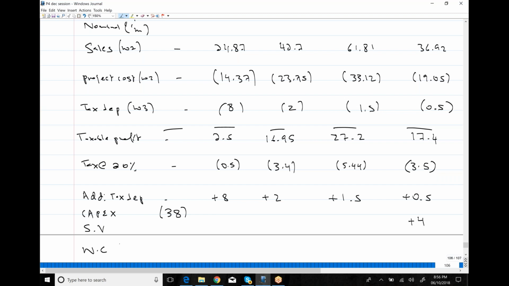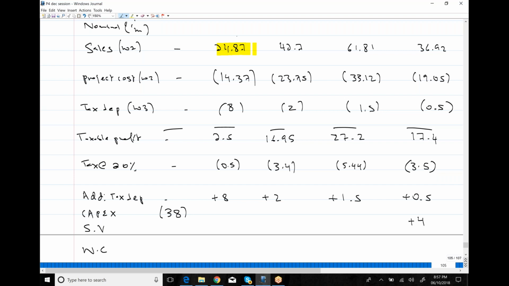So in T1, revenue is how much? 2418. So 20% of this will be invested in working capital, right? So for T1 sales, you will make investment in working capital at the beginning of T1, right? Beginning of T1 means end of T0. Okay.